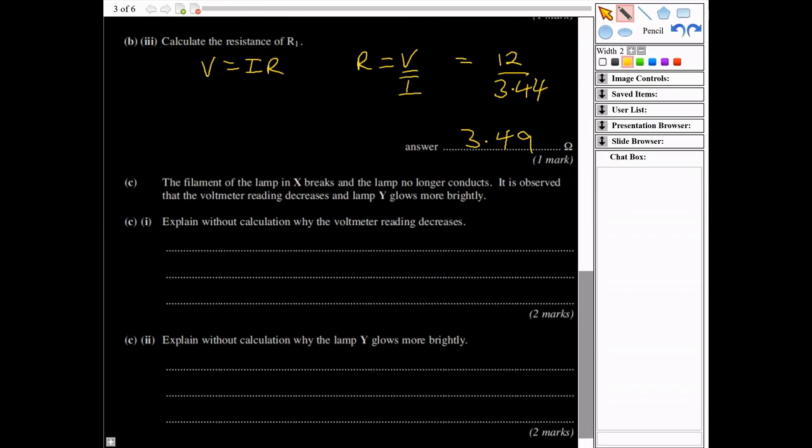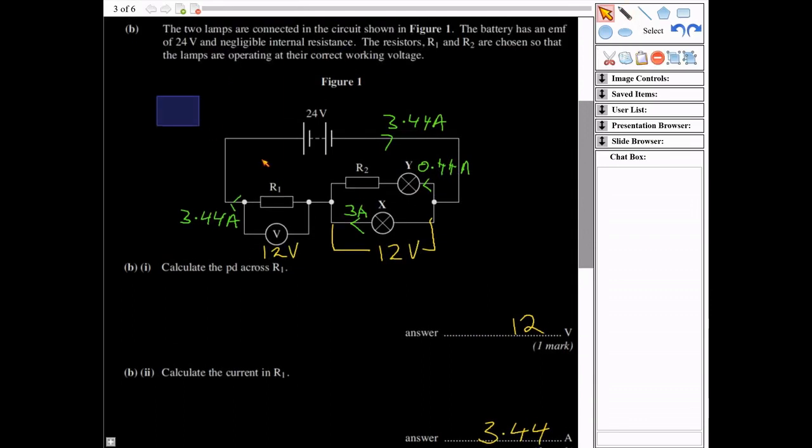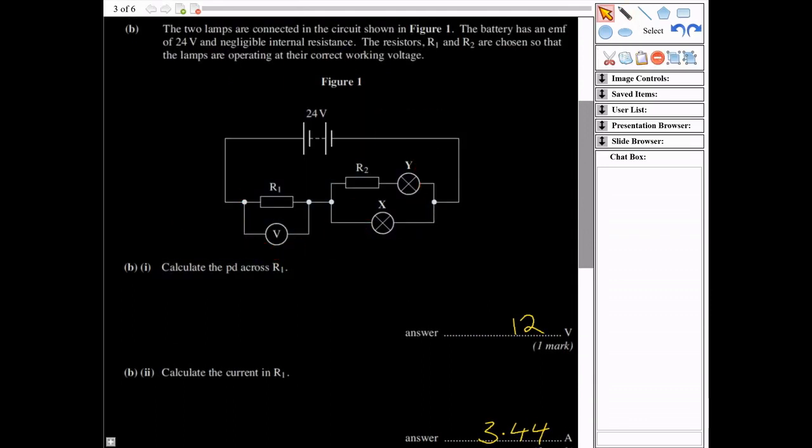Okay, next it says, the filament of the lamp in X breaks and the lamp no longer conducts. It's observed that the voltmeter reading decreases and lamp Y glows more brightly. Okay, so let me rub out what's going on here. So, what would happen then is this part, lamp filament here would break, so that part would no longer be available.